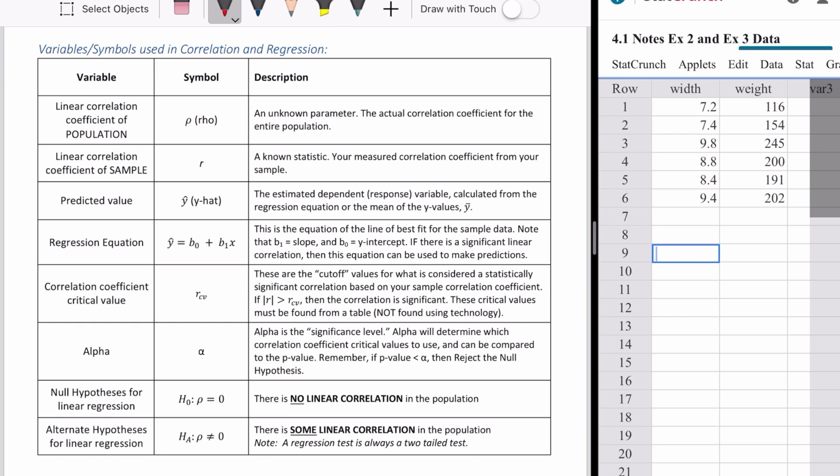So that when StatCrunch creates this line of best fit, which is the best line for that data, then we can use that line to make predictions. And the measurement that we use to decide how good that linear correlation is called the linear correlation coefficient. That kind of tells us how well the data points lined up in a line.